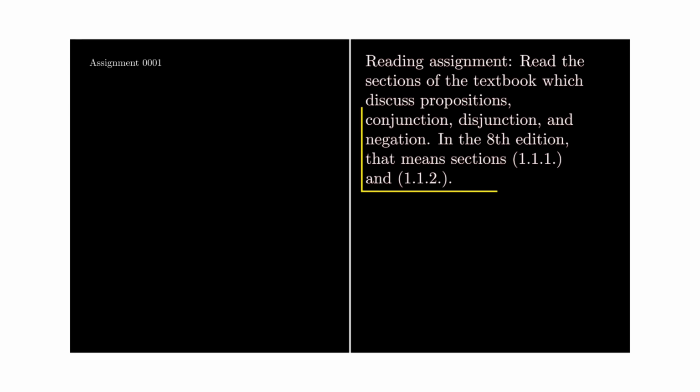In my 8th edition copy of the textbook, that means subsections 1.1.1 and 1.1.2. That's where these basic concepts are defined and introduced, but we don't go much farther than that. So you'll see conjunction, disjunction, negation, but don't go too much farther than that.